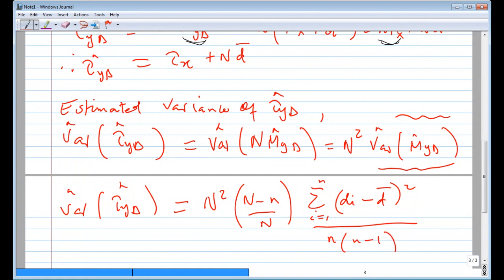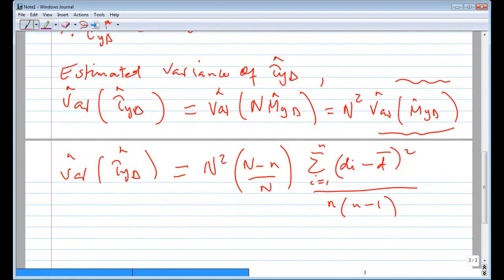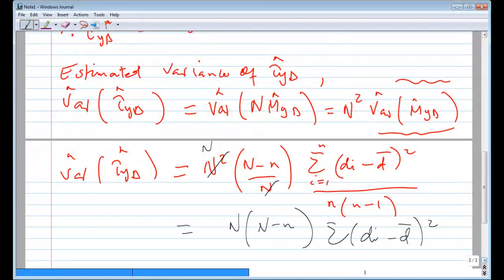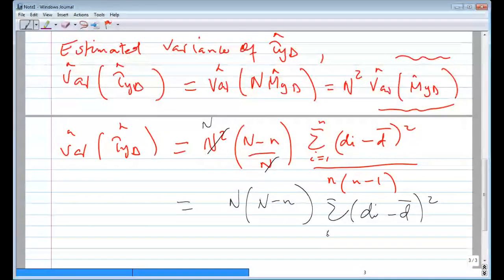That's it. But let's check here. You know that this one can cancel this one, and we are left with N. So all in all, we are going to have N open brackets, N minus n close brackets, summation of di minus d bar all squared, ranging from 1 to n, then divided by n minus 1.